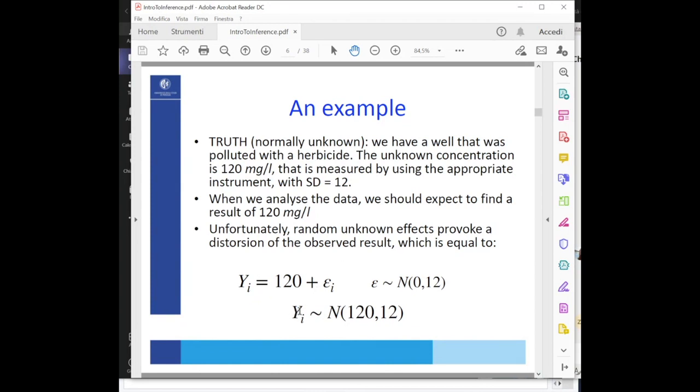And so I can write that the observed concentration for the 3 water samples is Gaussian with mean equal to 120, that is the mean of the well, the real unknown concentration, and the standard deviation of 12. So this is the situation.